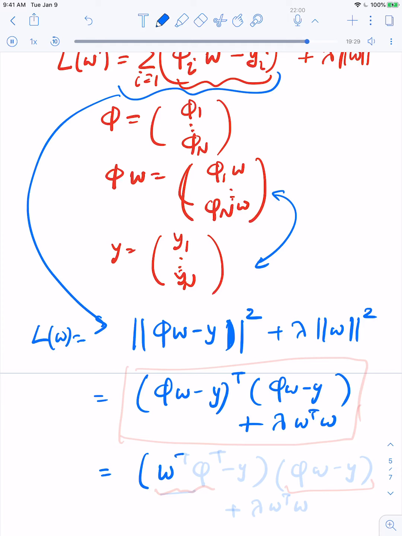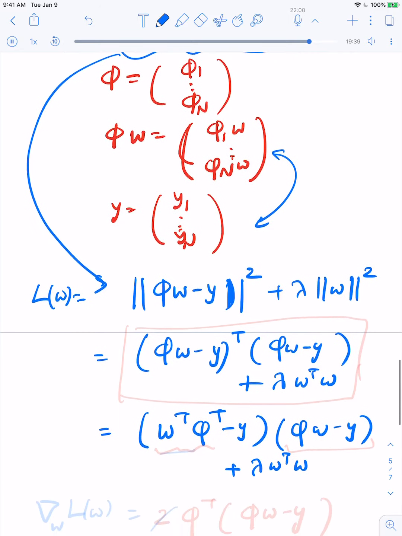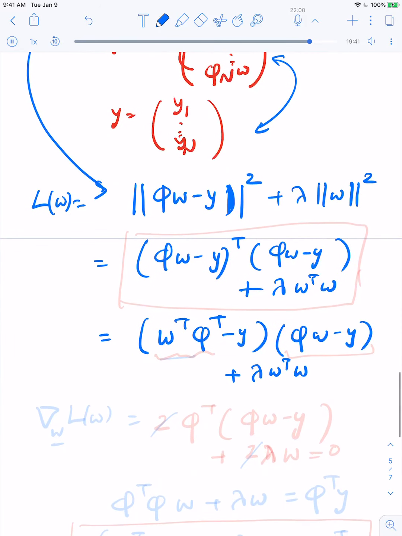So this is (W transpose phi transpose minus y transpose) times (phi W minus y) plus lambda W transpose W, right? And so now I'm going to leave it to you to check the gradient of this with respect to W.